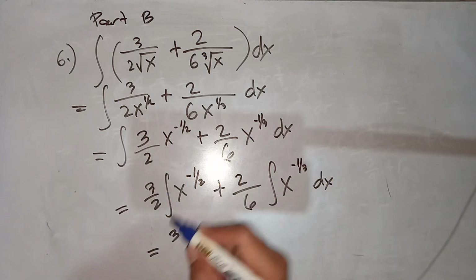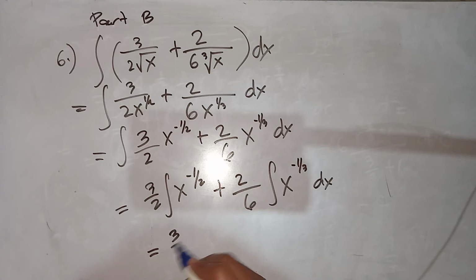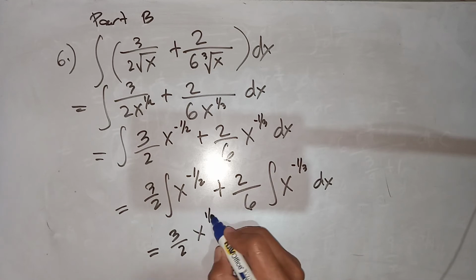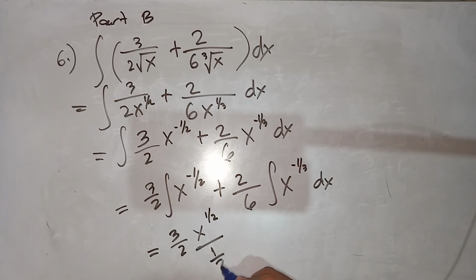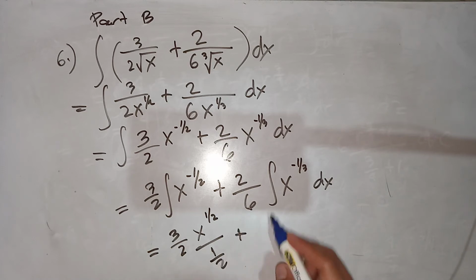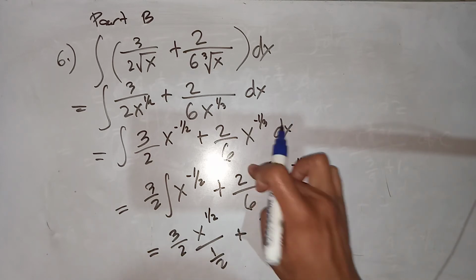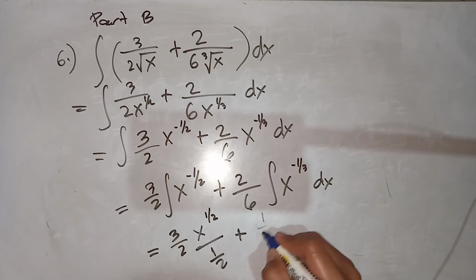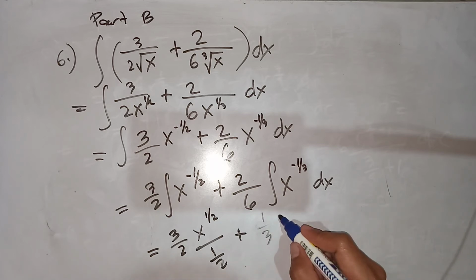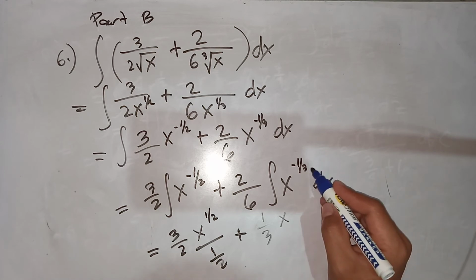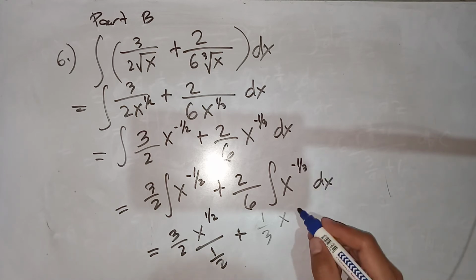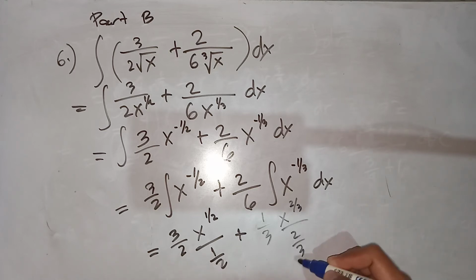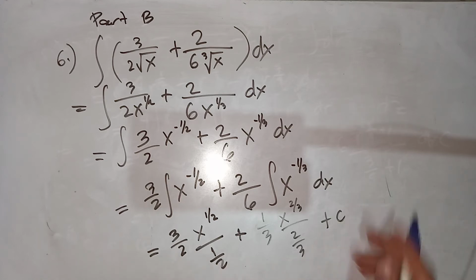This becomes 3 over 2, negative 1/2 plus 1 is just x raised to 1/2 over 1/2, plus this 2 over 6, which we can rewrite as 1/3, x to negative 1/3 plus 1, so 2/3, over 2/3 plus c.